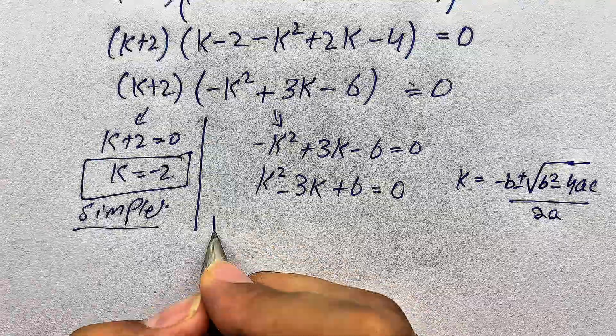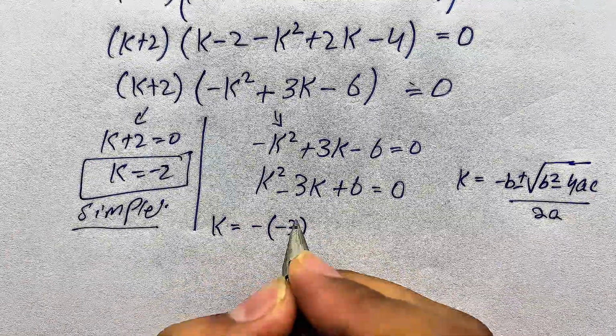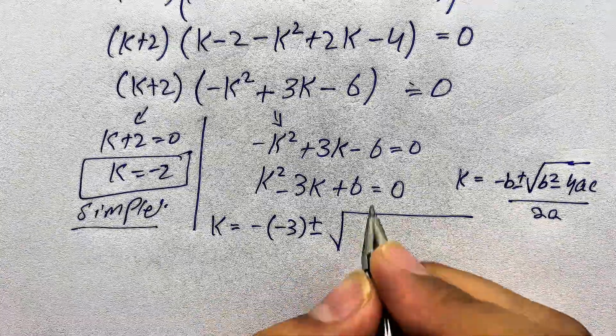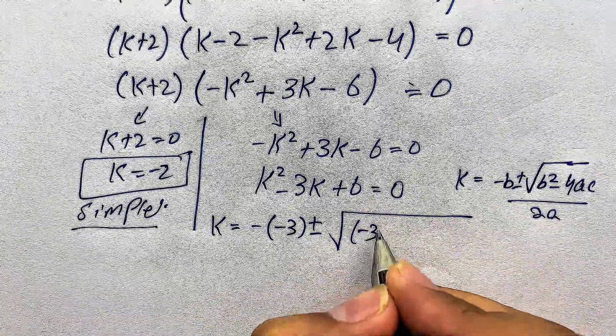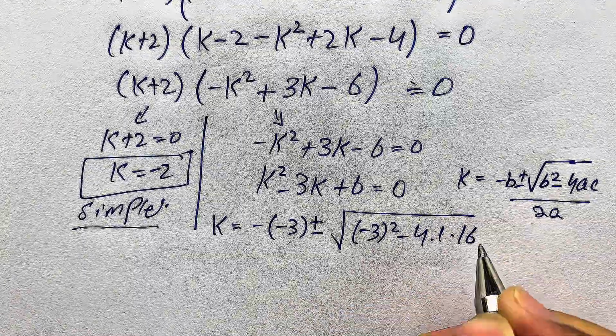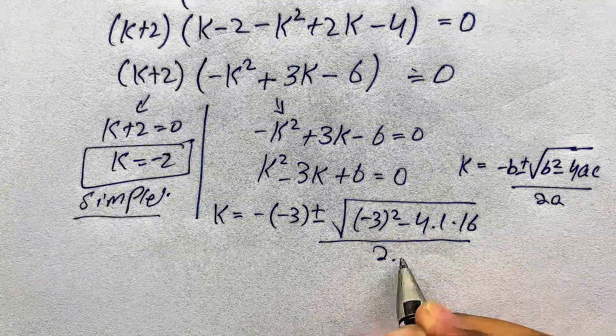Now we use this formula. k = -(-3) ± √((-3)^2 - 4 × 1 × 6), divided by 2 × 1.